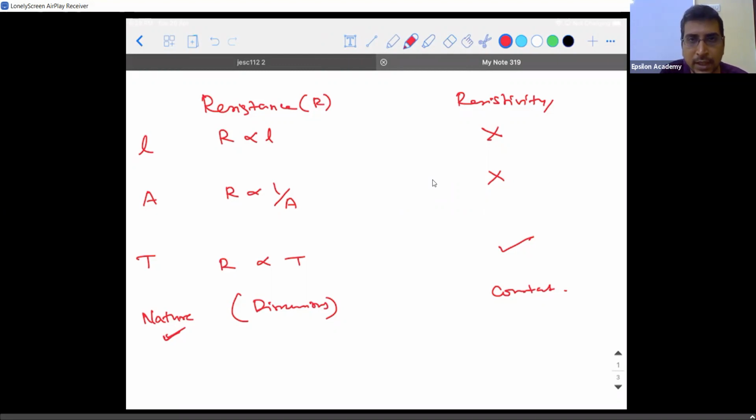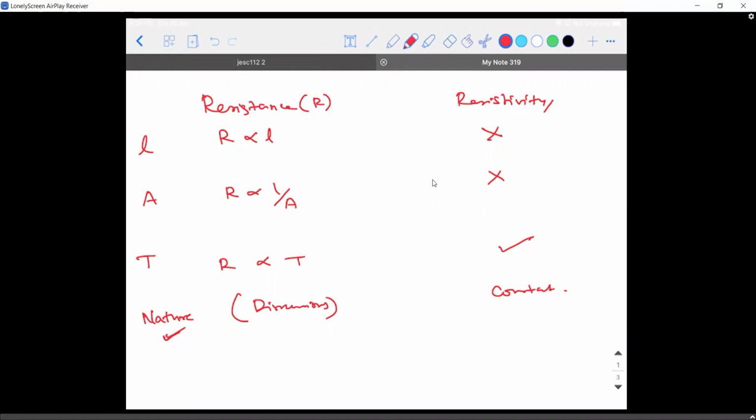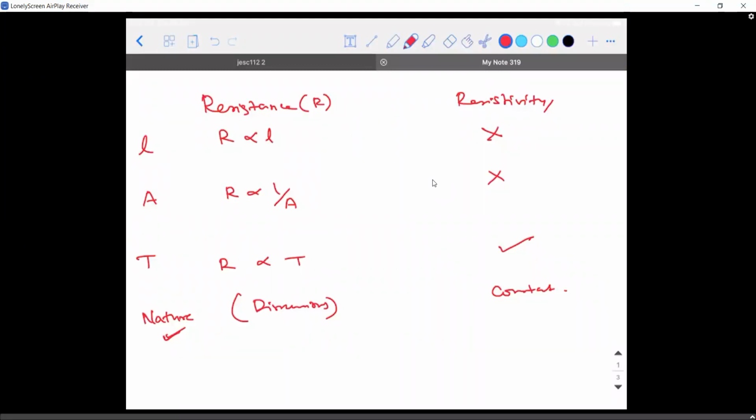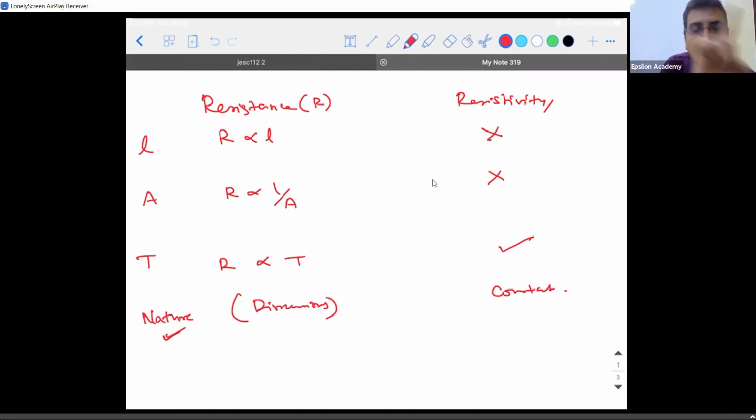The resistance will increase. What do you think will happen to resistivity? It will also increase, sir. So resistance and resistivity are commonly dependent on one important parameter. What is it? Temperature.